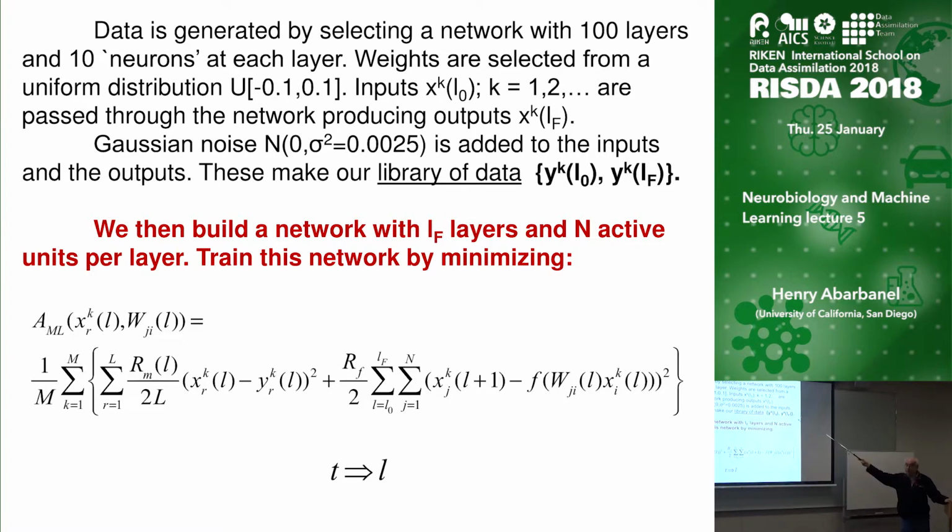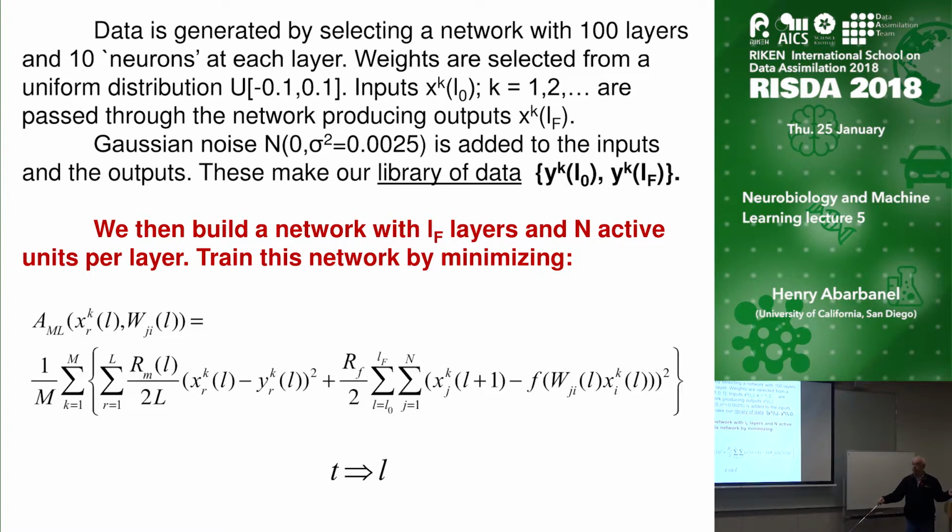Here's the machine we used to actually generate the data. We took one of these networks with one input layer, one output layer, and 98 intermediate layers. 98 isn't an obvious number, but 98 plus 2 is something you might think about. We put in some inputs. We chose the weights in this machine from random numbers, but we had a definite machine.